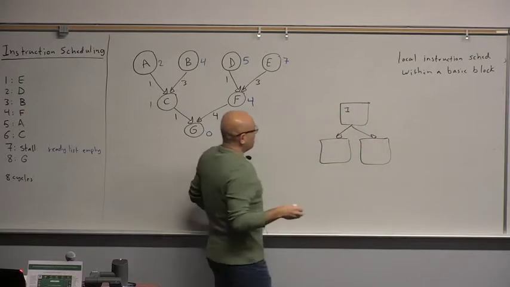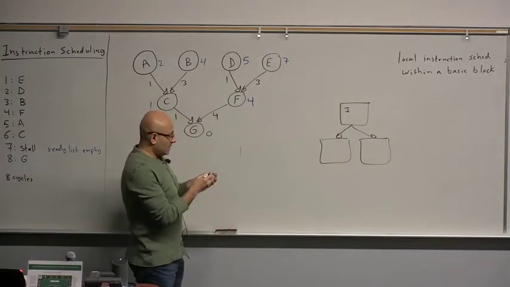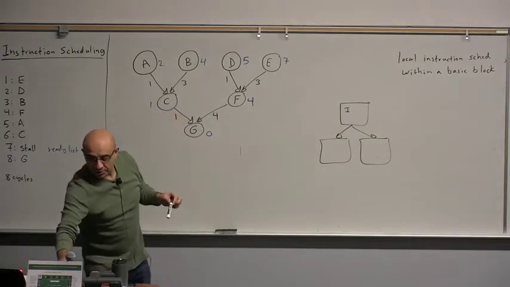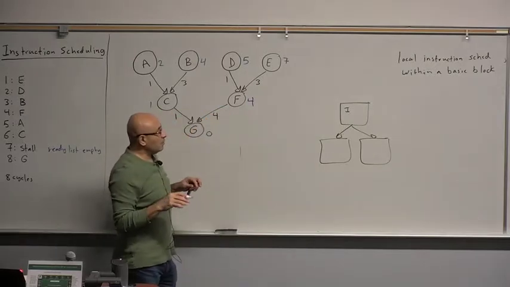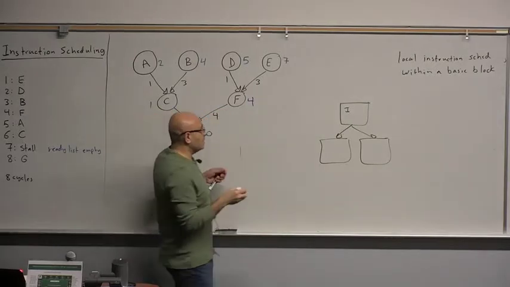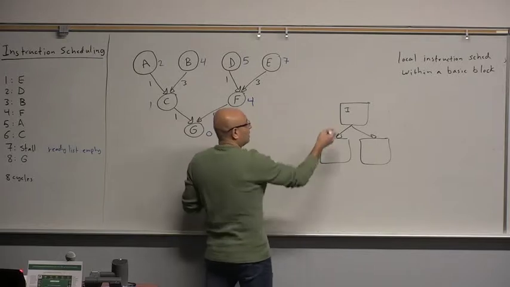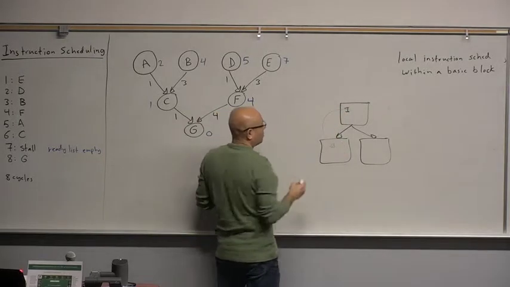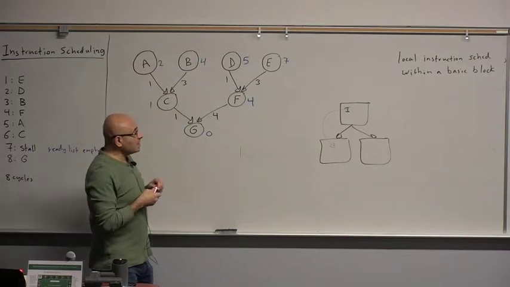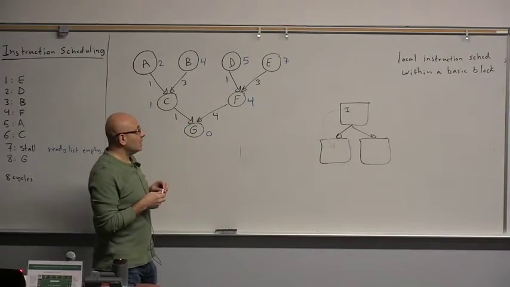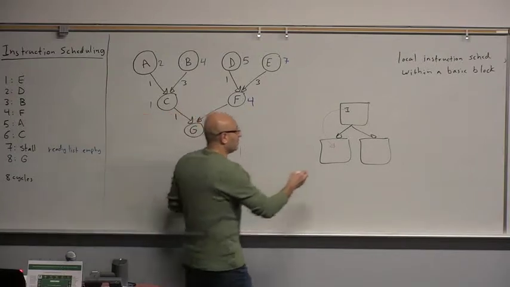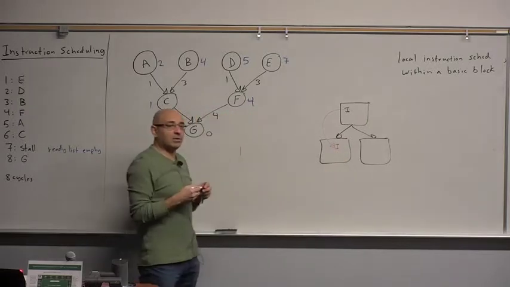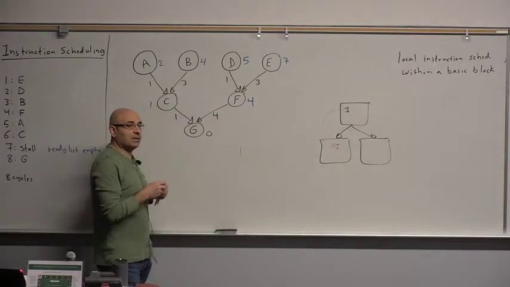So if you have an instruction I in this basic block, if we were to do global instruction scheduling, we would like to have the flexibility of moving I to this basic block, for example. But this will not always be legal, right? Why is that? Moving I from this basic block to this basic block will not always generate correct code.